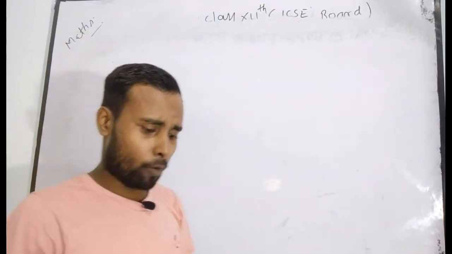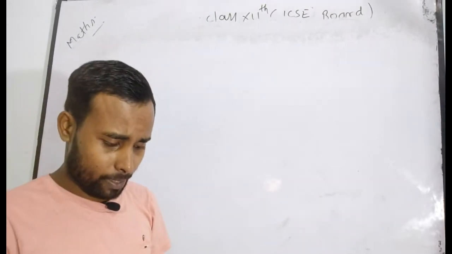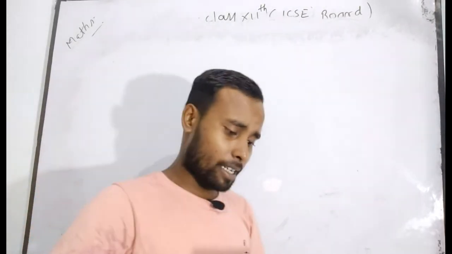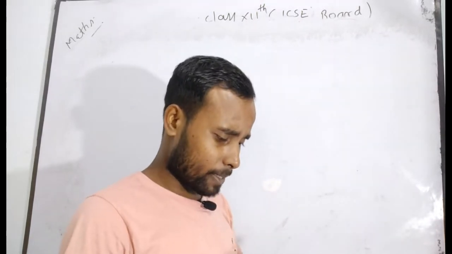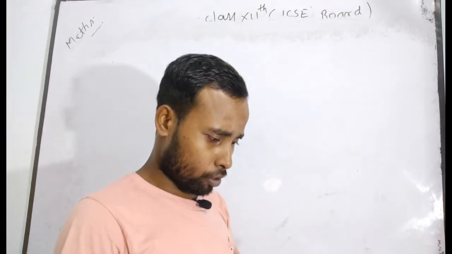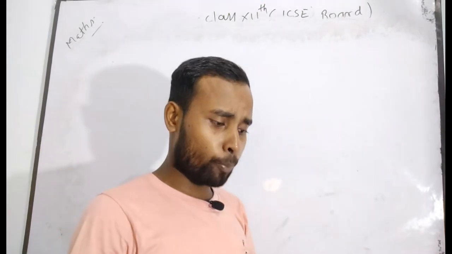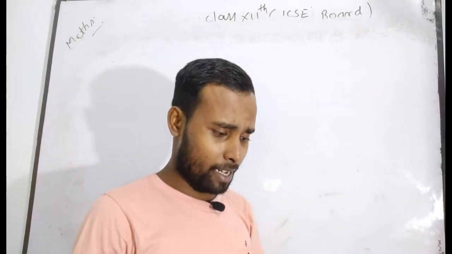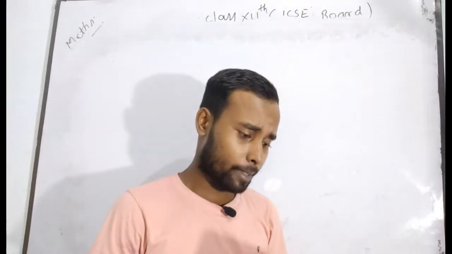See here, I want to start with different kinds of problems so that you can understand very easily. First of all, I want to see the level of the questions in your books. Those problems which are very easy I will leave, and those which are more complicated I will definitely take.